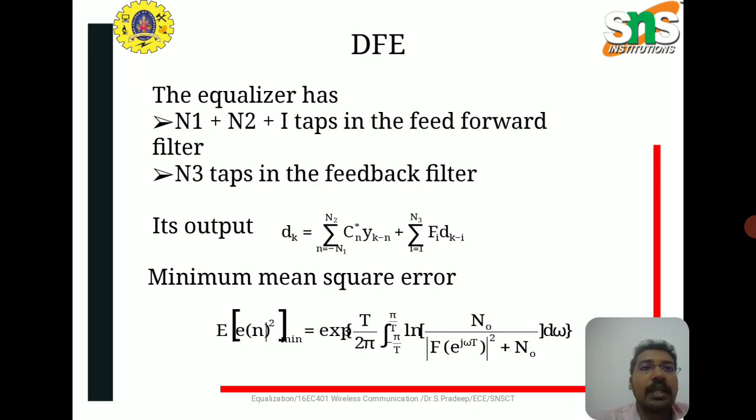The equalizer has N1 plus N2 plus 1 taps in the feed-forward filter, N3 taps in the feedback filter. Its output is given as shown in this equation, and the minimum mean square error can be calculated using this equation.